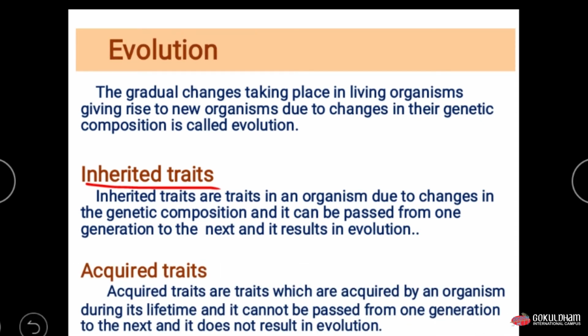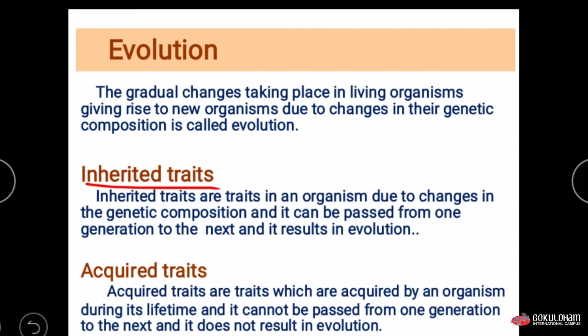Means the inherited traits are traits due to change in the genetic composition, and they pass from one generation to another generation and result in evolution. Means जो inherited character trait है वो genetic composition की वजह से होते हैं और वो वन जनरेशन टू अनदर जनरेशन पास होते हैं, जिसकी वजह से इवोल्यूशन होता है.